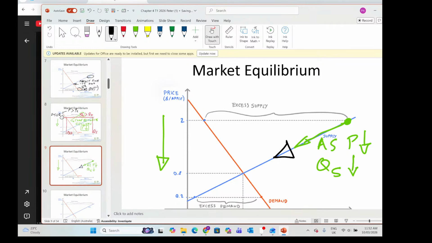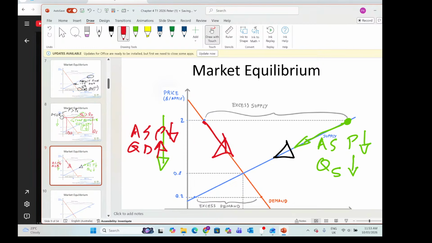There's less people selling the goods. And in the same way, as the price falls, the quantity being demanded rises. So there's a movement along the curve this way.